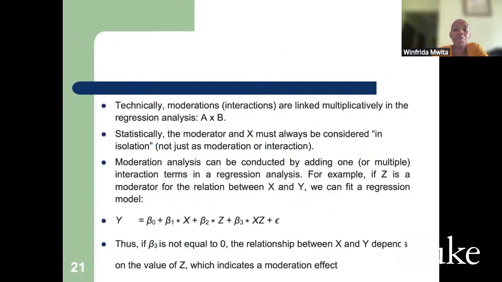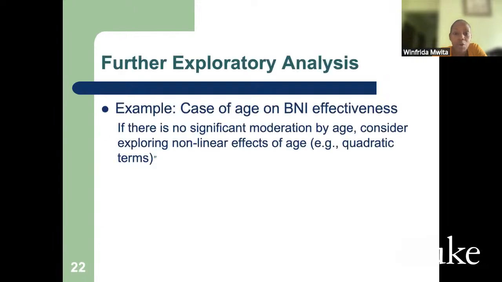So if you find that the interaction term is significant, you should report the effectiveness of the intervention per age group. Sorry, if you find the interaction is significant, then you can go and interpret the stratum-specific estimates for age.